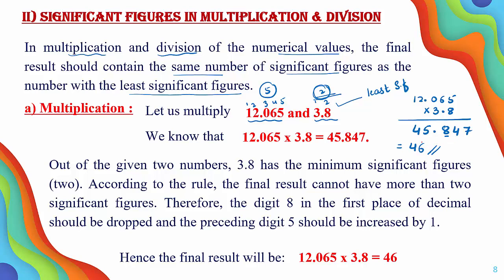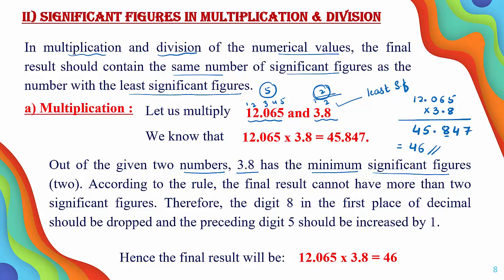Why do we want only 2 digits in the final result? Because according to the rule, the final result should contain the same number of significant figures as the number with the least significant figures. Out of the given two numbers, 3.8 has the minimum, that is 2.